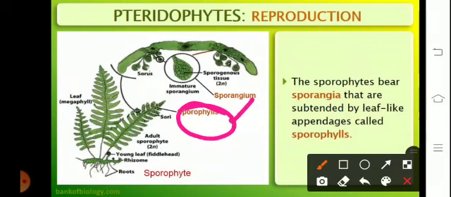Here we can see that the sporophylls have black colored structures referred to as sori. The sorus contains the immature sporangia which bear the sporogenous tissue. The mother tissue is diploid, which undergoes meiosis to produce haploid spores.